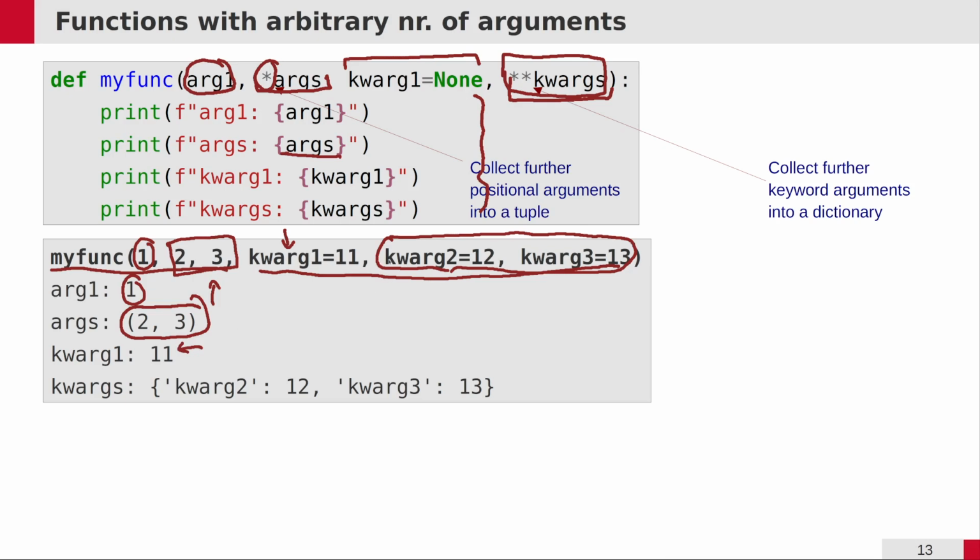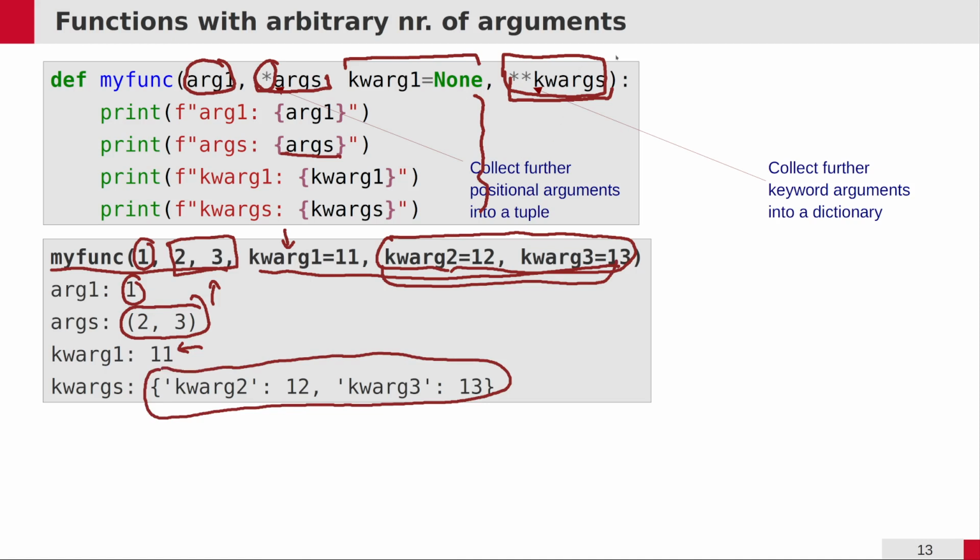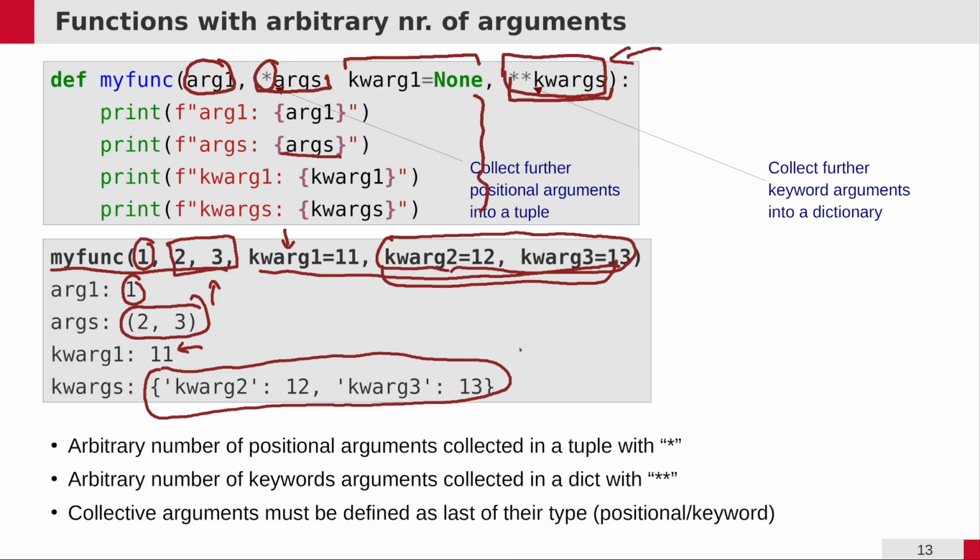And then I have specified 2 more keyword arguments here, as you can see, and those 2 more keyword arguments were put into the kwargs dictionary. Why? Because I specified up in the function definition kwargs with double star, which means collect all the keyword arguments. So in that way you can collect position arguments or keyword arguments, more than one, if you don't know how many you have at the beginning.